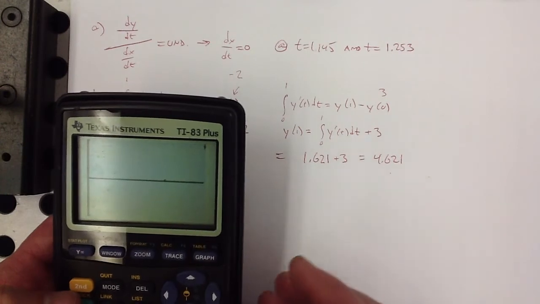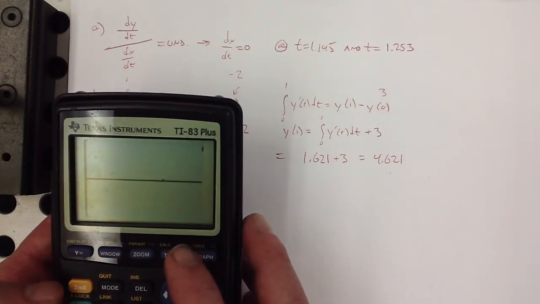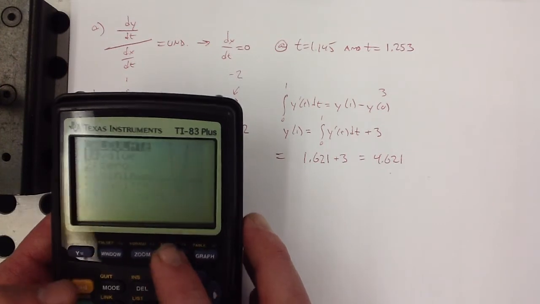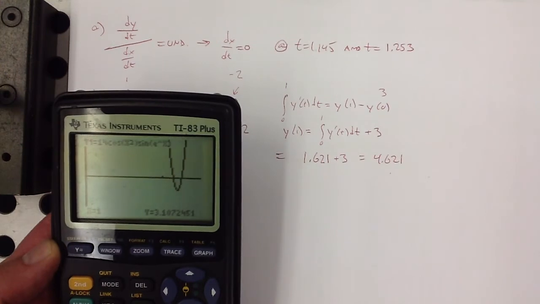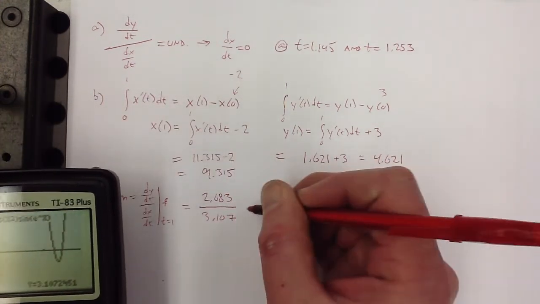Go ahead and graph that again, and then do second calculate, value at 1. That's 3.107.